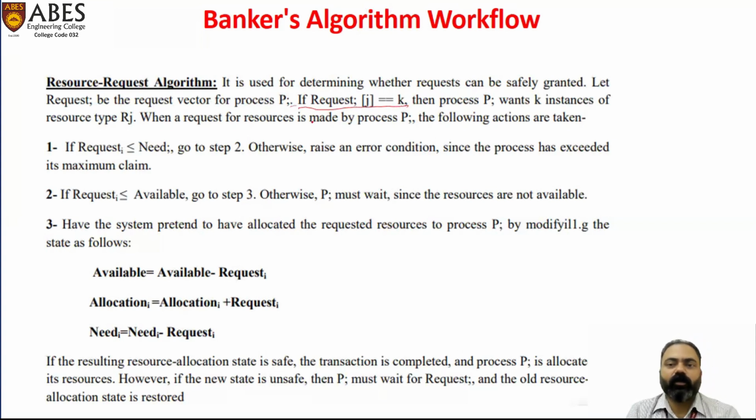It means the process P wants K instances of resource type J. Okay. Now, what is the algorithm?